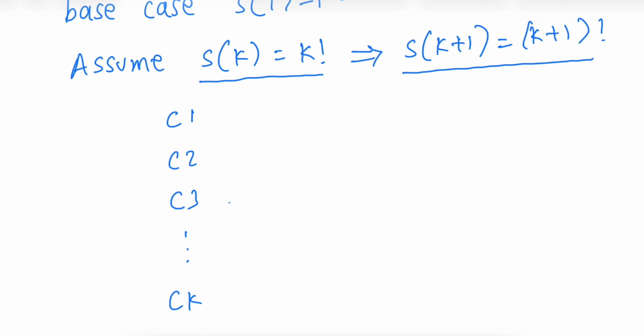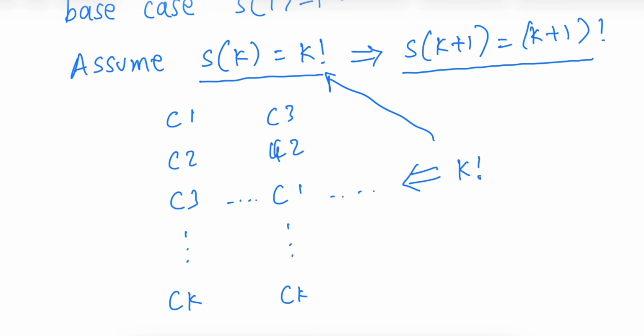This is one way they could stand in the line. Or maybe child 3 is standing first, then child 2, then child 1, and then the last child k. So there'll be k factorial ways they can stand in the line, and this is what we are assuming, right?